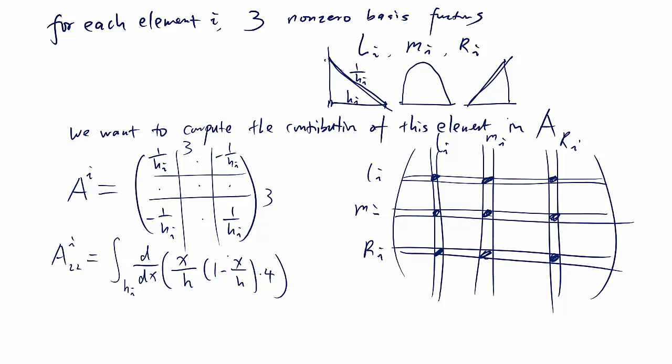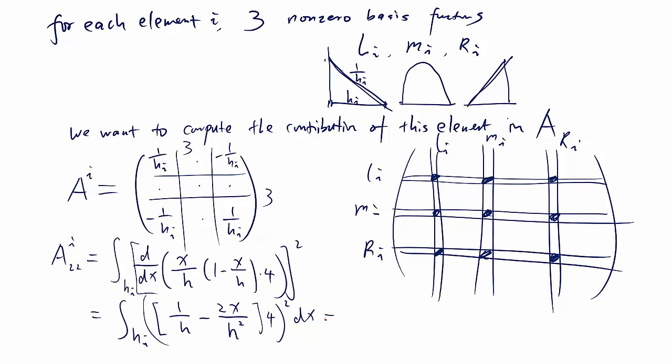Okay, so let's evaluate the derivative. The derivative of that is going to be a linear function. First of all, it has a constant term that is equal to 1 over h, and also a quadratic term that is 2x over h squared, times 4, and that thing squared.